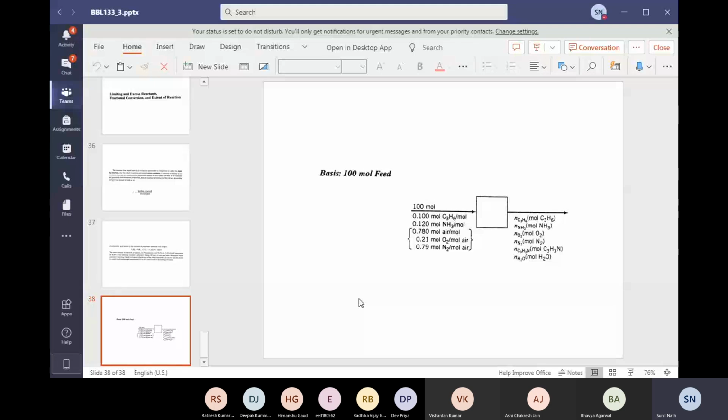This whole thing, if there was a single reaction, the concept of yield was, conversion was sufficient, but now we need to worry about the desired thing also and the undesired byproducts or impurities.